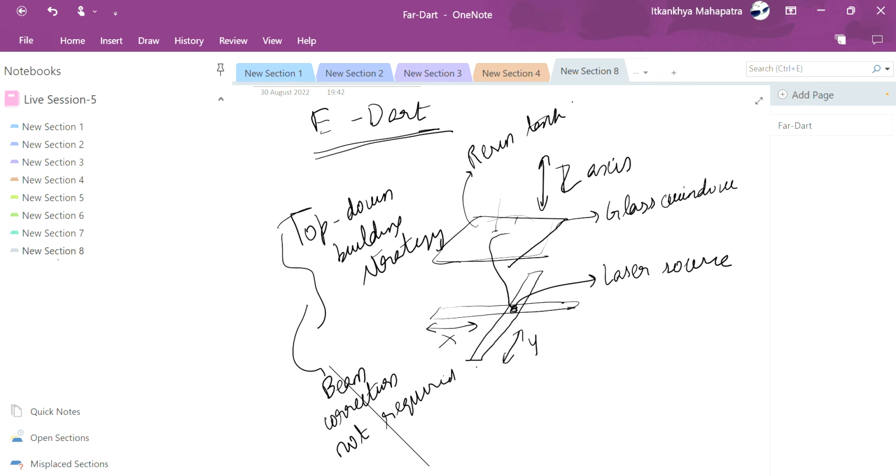The model is formed by liquid resin, which is cured by this laser beam light below the resin chamber. Curing is done, and the platform or modeling base is raised upwards each time a layer is completed. So this is the principle. That is why it is a top down building strategy, and here we do not need to correct the beam.